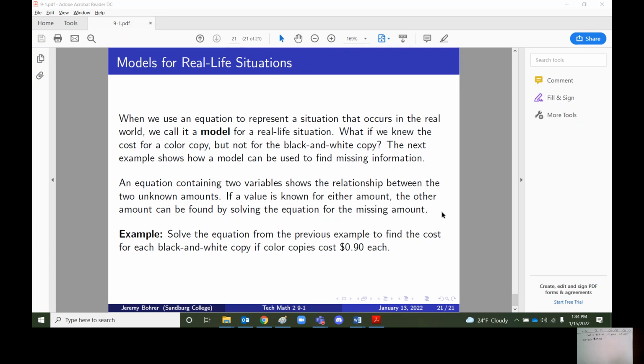To find the cost for each black and white copy if color copies cost 90 cents each. So that means C is 90 cents or 0.9.